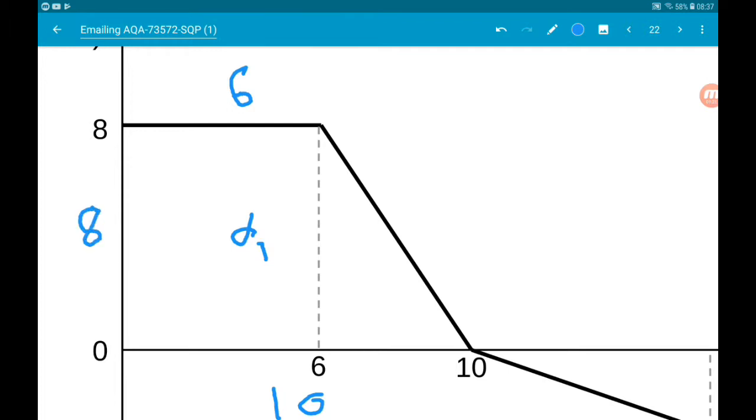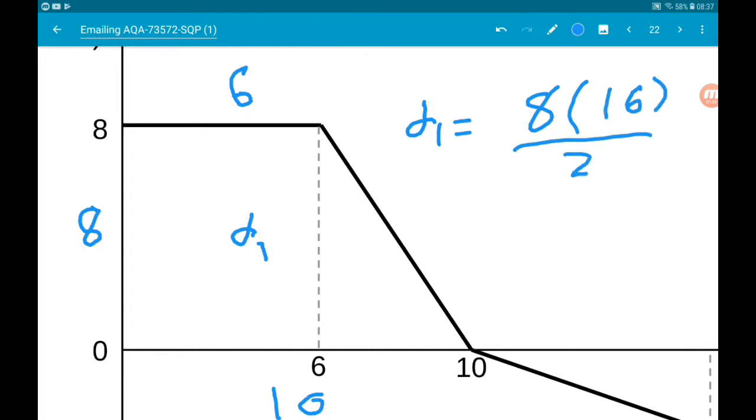So D1 is equal to 8 times 10 and 6, so 16, all over 2.